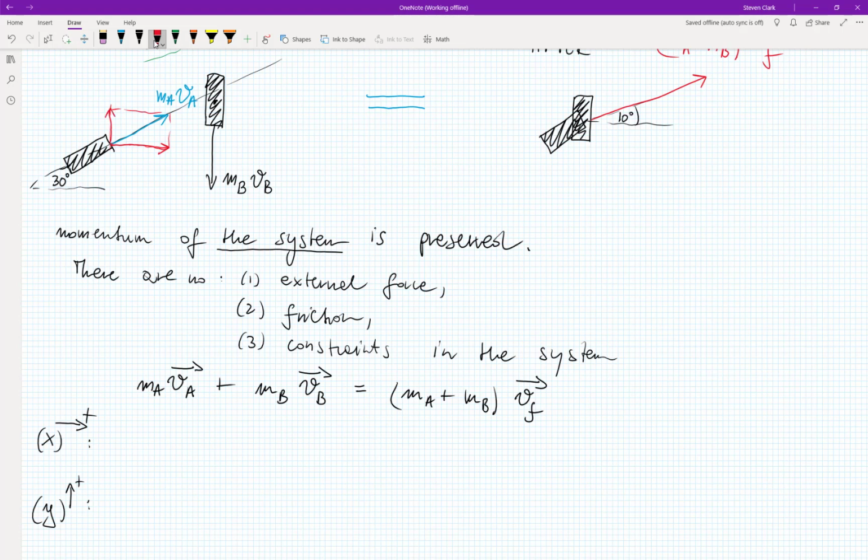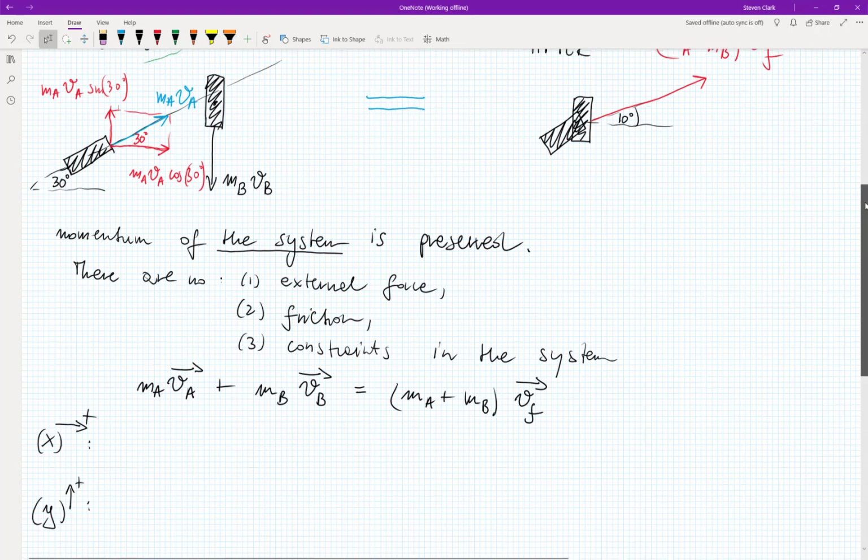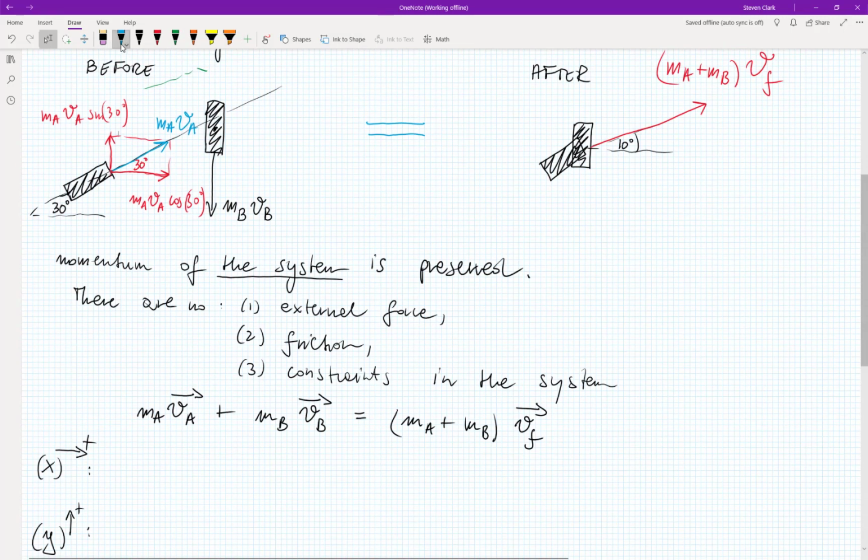The angle of 30 degrees is here. So I believe that this is cosine, and this is sine. And also let's project this red vector on these two components.